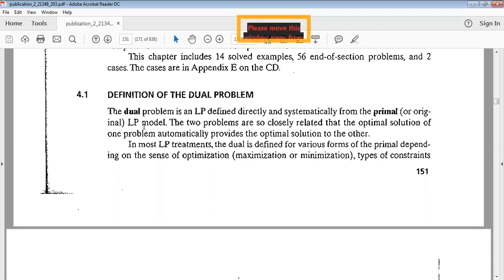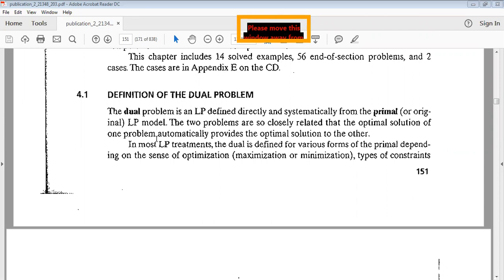And if you write it in a reverse way, then it is going to be the dual problem of this particular linear programming problem. Now these two problems are so closely related that the optimal solution of one problem automatically provides the optimal solution to the other.